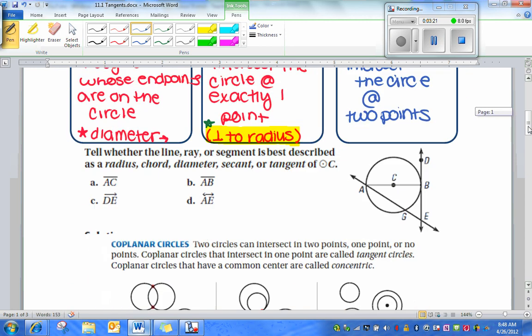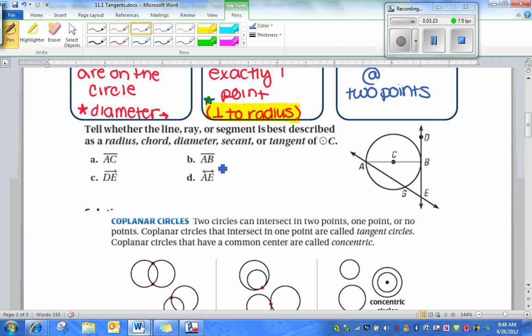What I've got down here is just a little list of 4 things. I'd like for you to look at these segments or lines and determine if they're a radius, a chord, a diameter, a secant, or a tangent to circle C. Pause the video, answer the 4 questions, and then when you hit play, I'll put the answers up for you.